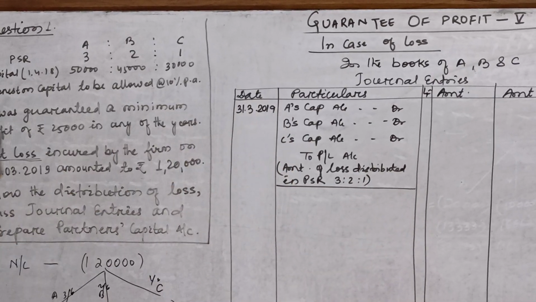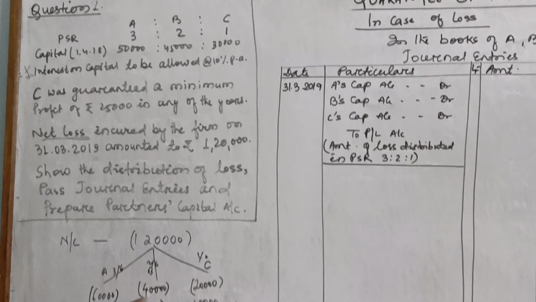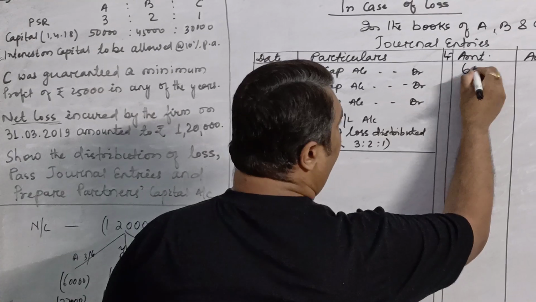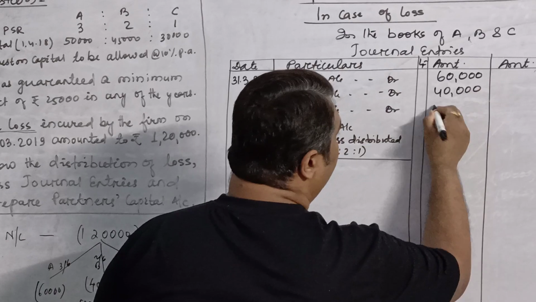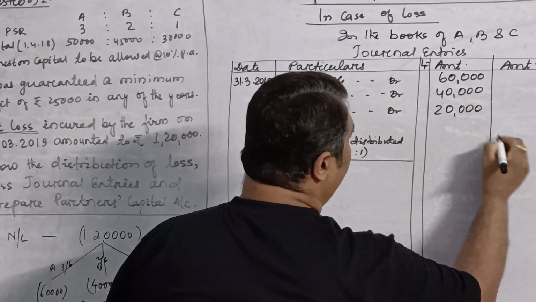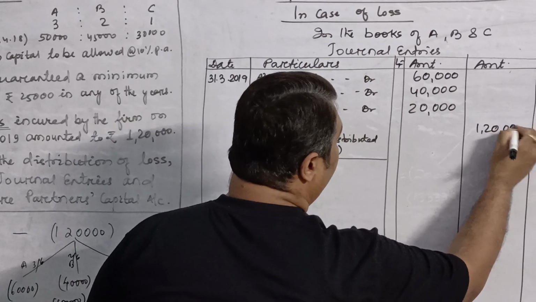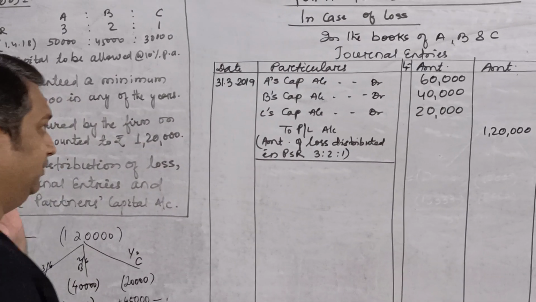As you can see, we have distributed the amount of loss, and the share of A is 60,000, share of B is 40,000, share of C is 20,000. The total amount of loss is rupees 1,20,000.